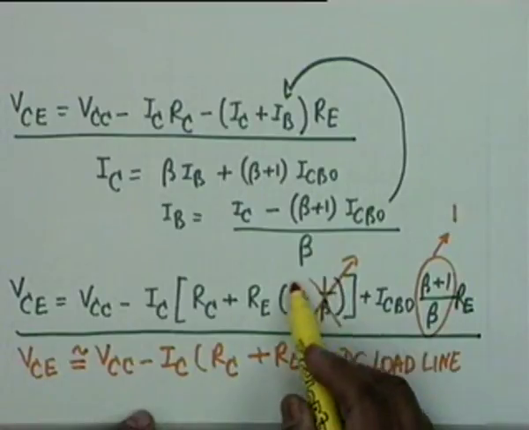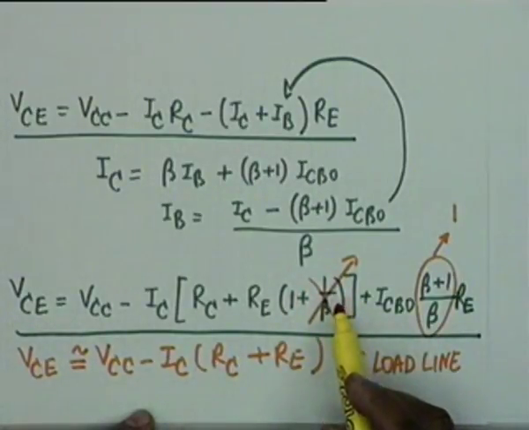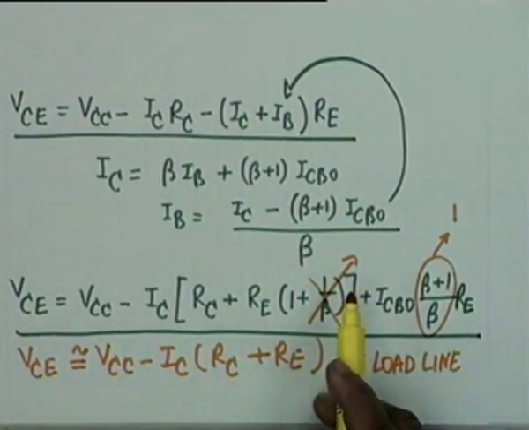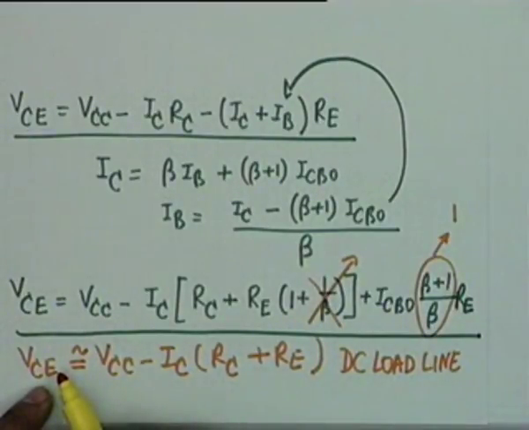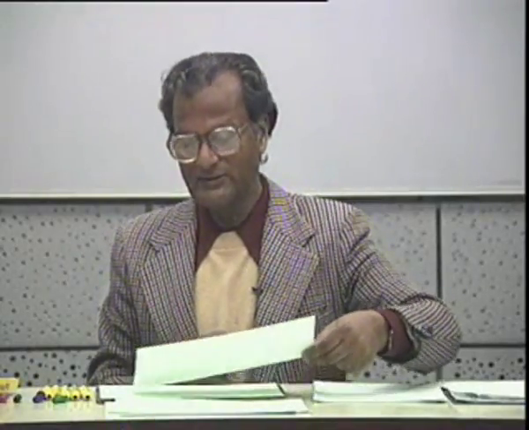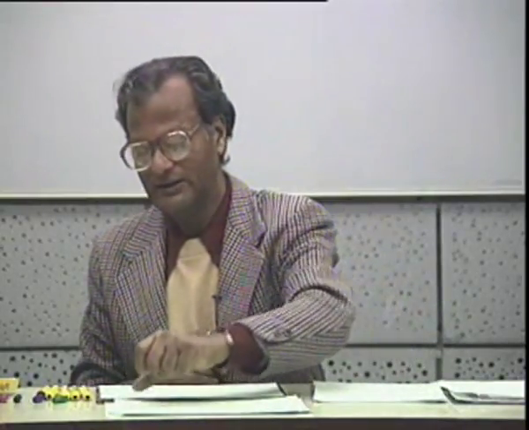They add with the factor 1 plus 1 by beta, but because beta is very large, one can take the total load to be RC plus RE, and this equation describes the collector emitter voltage VCE and the operating current I sub C in terms of constants in the circuit, namely VCC and the total load resistance. So this is called a DC load line. We shall see what the import of the DC load line is, but before that let's take a small example.